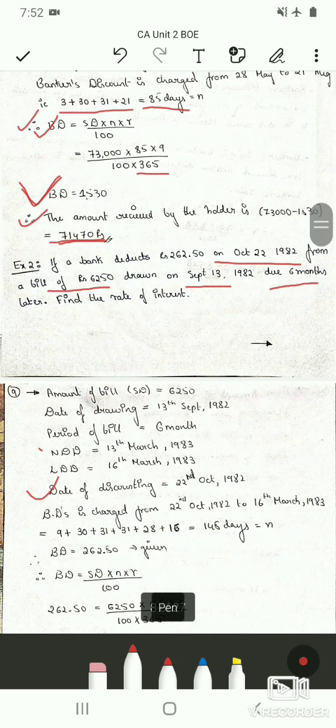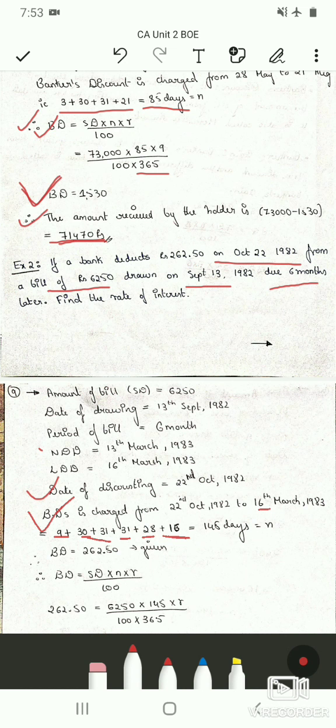Now we can calculate banker's discount, which is charged from the date of discounting to the legal due date. In October you have 31 days, so after 22 it is 23 till 31, which is 9 days in October. November has 30 days, December 31, January 31, February 28, and the legal due date is up to 16th March.